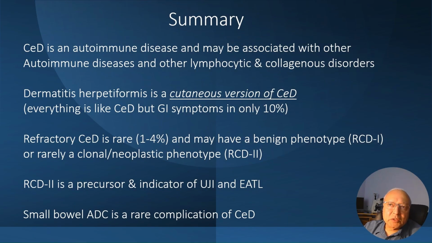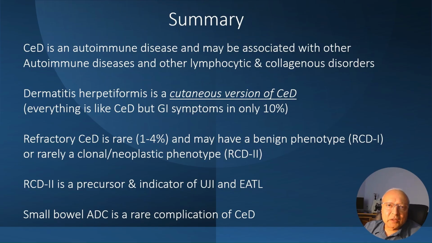So let's summarize this. Celiac is an autoimmune disease and may be associated with other autoimmune diseases and also lymphocytic diseases and collagenous diseases of the GI tract. Dermatitis herpetiformis is a cutaneous version of celiac.